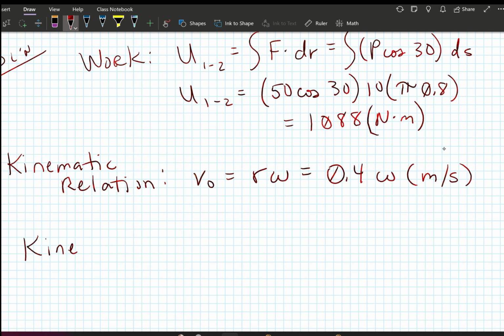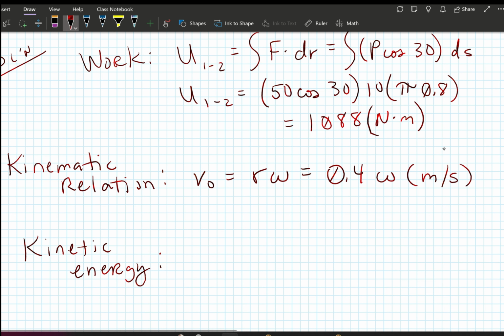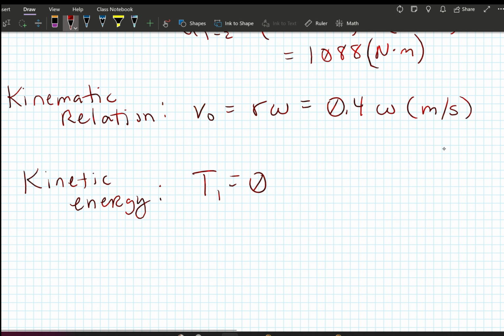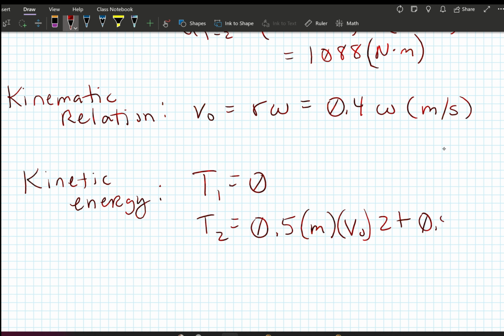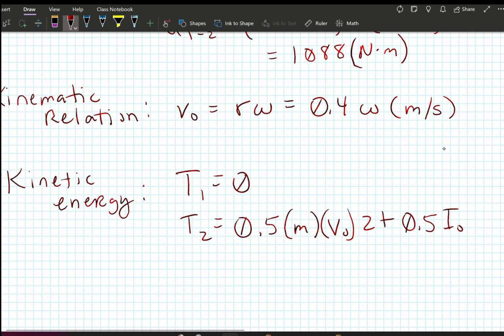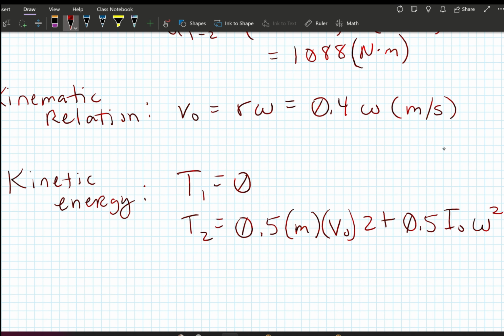And now we can look at the kinetic energy for us. Okay, so first T sub 1 is equal to 0. T sub 2 is 0.5 M V sub O squared plus 0.5 I sub O omega squared.